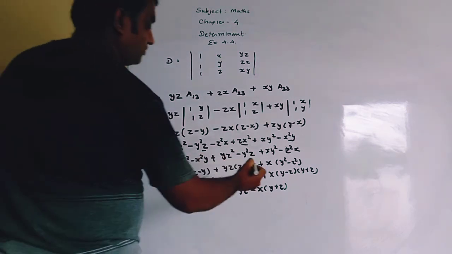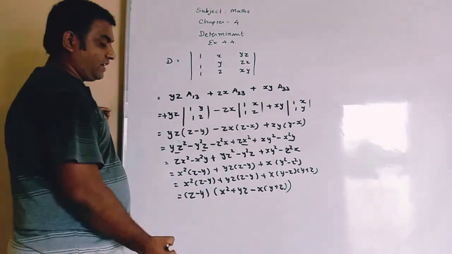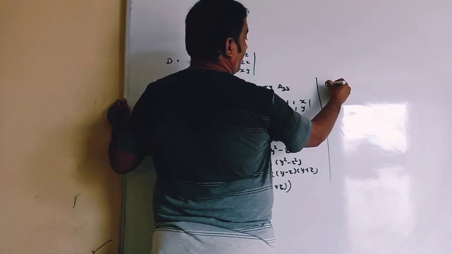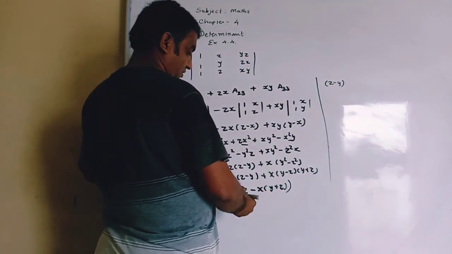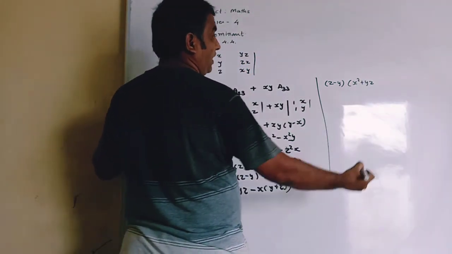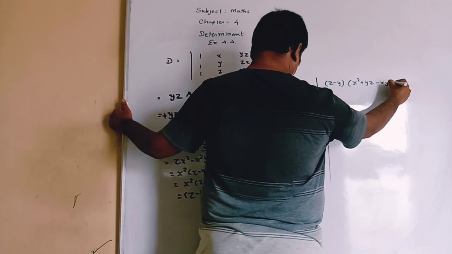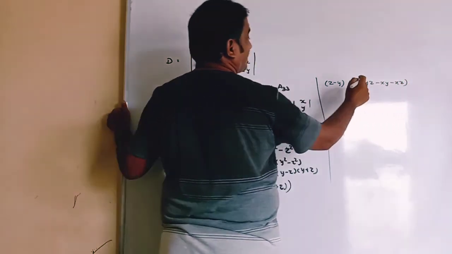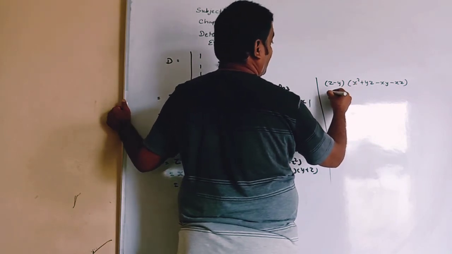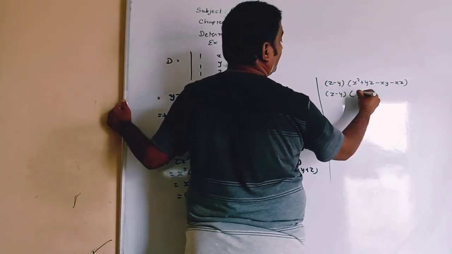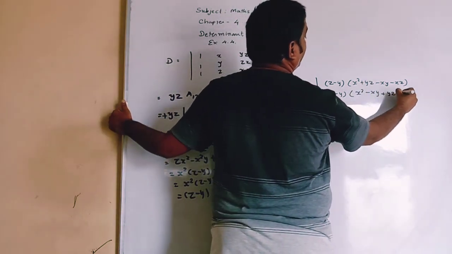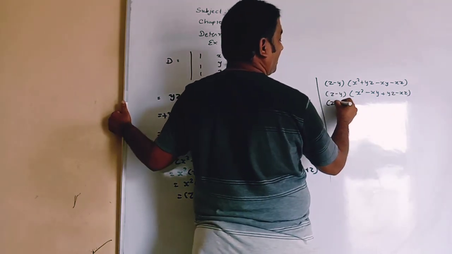And so we simplify this bracket, then we will get z minus y into x squared plus yz minus xy minus xz. So x squared and xy we write together, and yz and xz we write together: z minus y into x squared minus xy plus yz minus xz.